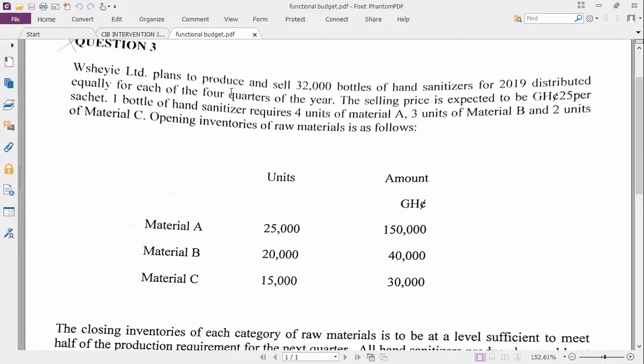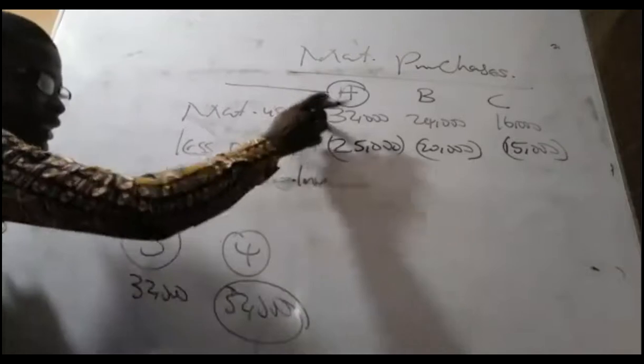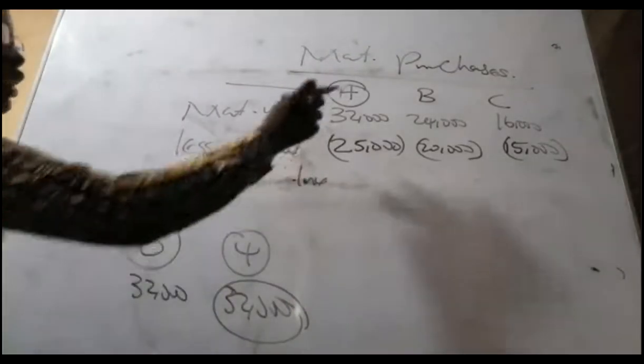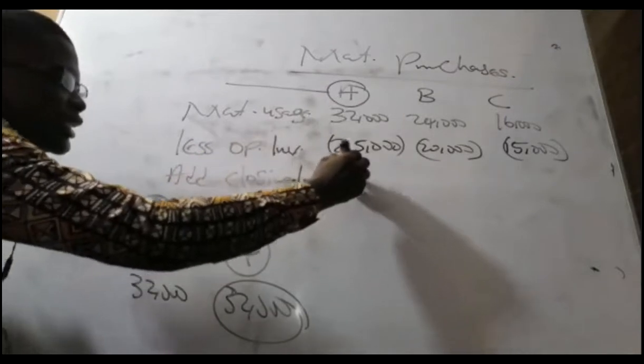Each quarter the same. So the usage is going to be the same, production the same, sales the same. So the usage for the 3rd quarter is the same as the usage for quarter 4, so that we can find half of it. So if quarter 4 is still going to be 32, then we can still find half. Half of 32 gives us 16, right?